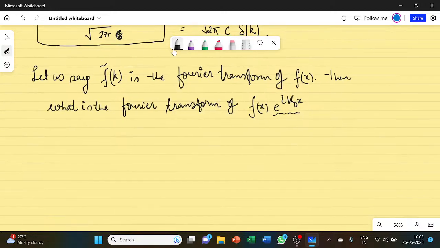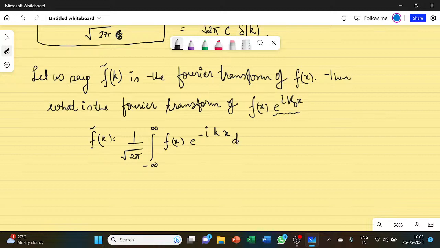Okay, now you see the f tilde k, I can write it as 1 upon root over 2 pi from minus infinite to plus infinite f of x e to the power minus iota k x dx.